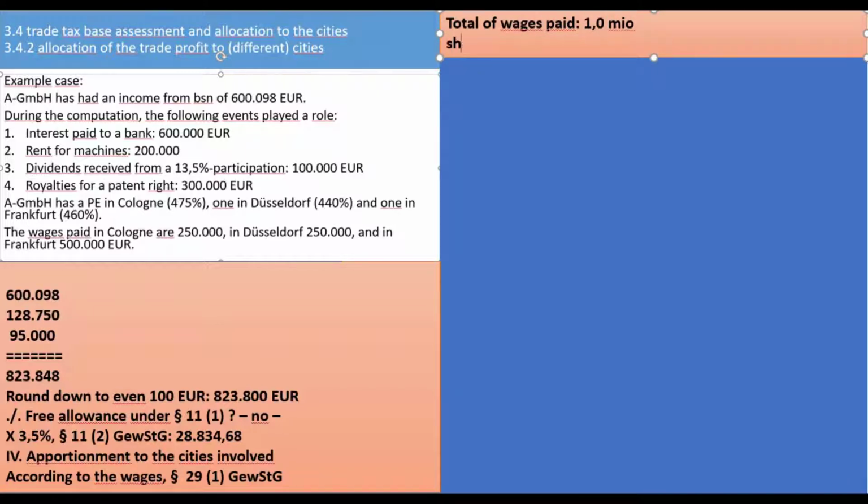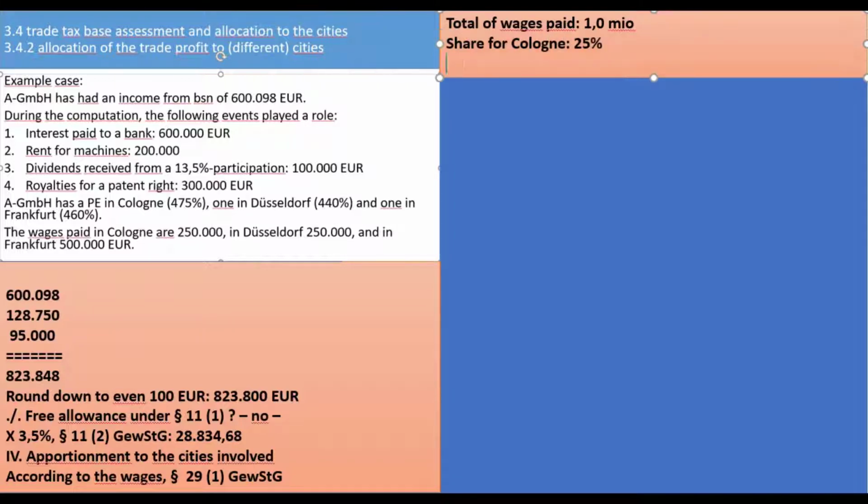Number 4, apportionment to the cities involved. Total of wages, that happens according to the wages relationship. So we have total of wages paid, that's 1 million. Share for Cologne, 25%.